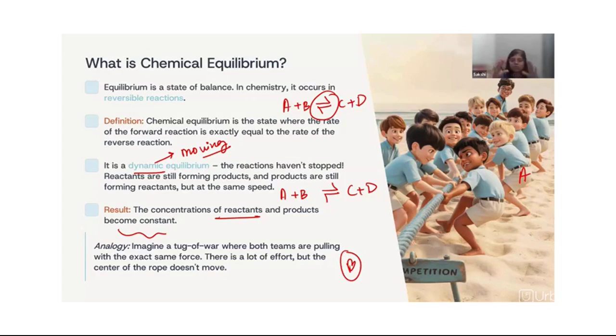It will look as if they are stationary and not applying force, but they are applying force, right? Basically, this is what happens. Equilibrium is a state of balance where the rate of the forward and the backward reaction is equal, and the reaction keeps on continuing. The products are being formed, reactants are also being formed. That state is known as a dynamic equilibrium state.